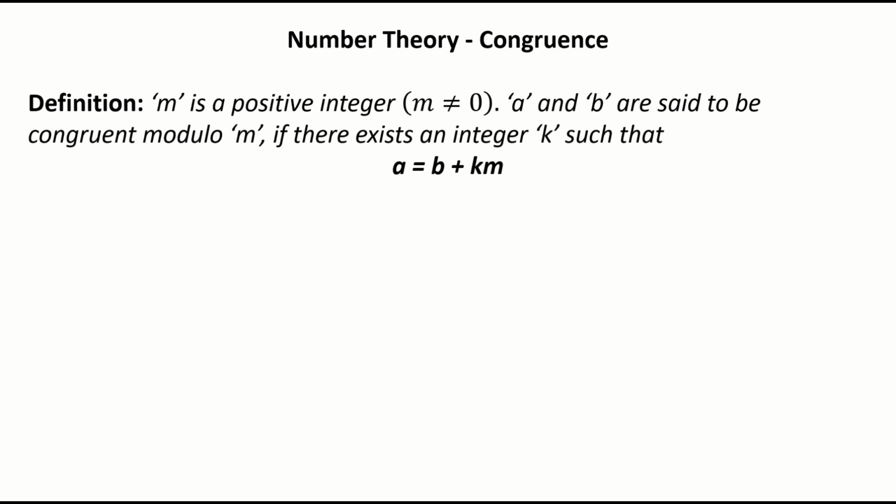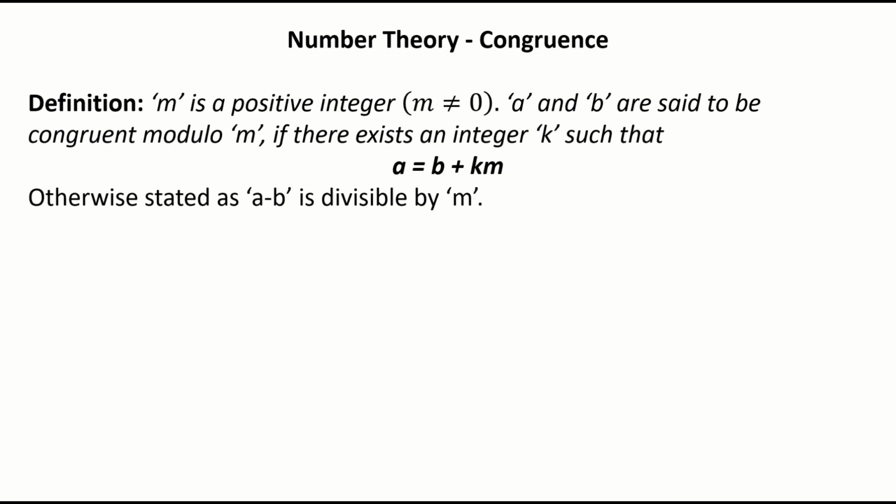Okay, what is congruence? The definition is: if m is a positive integer and m is not equal to 0, a and b are said to be congruent modulo m if there exists an integer k such that a equals b plus km. In other words, a minus b is divisible by m.